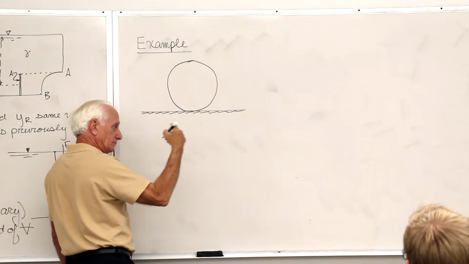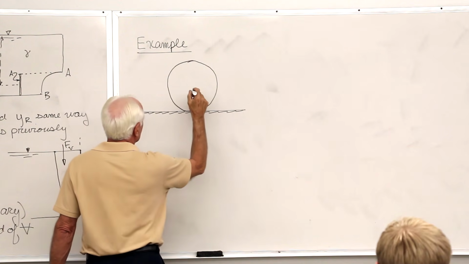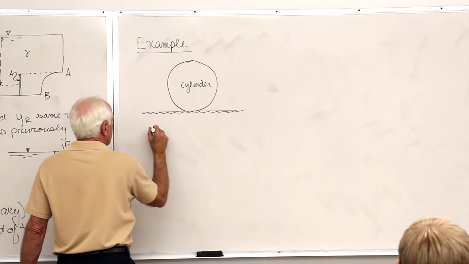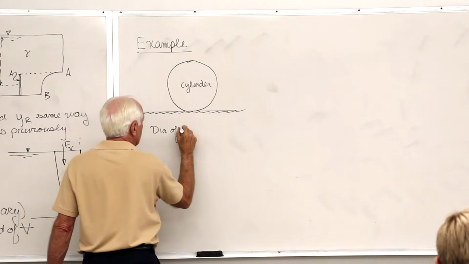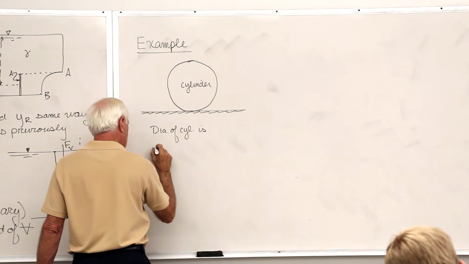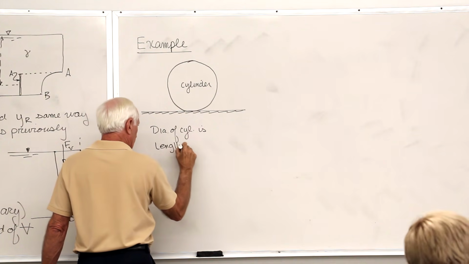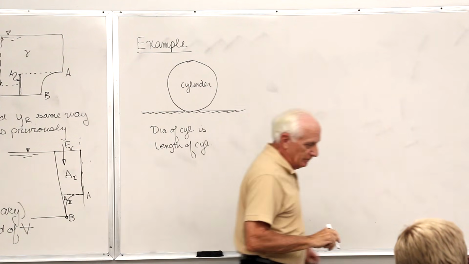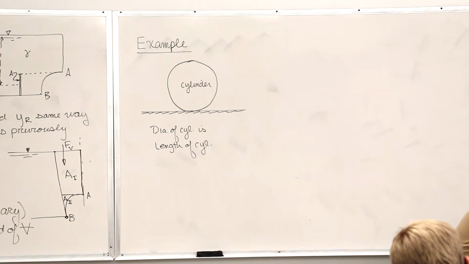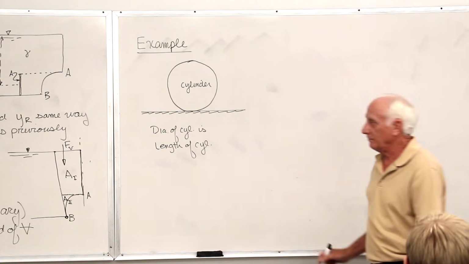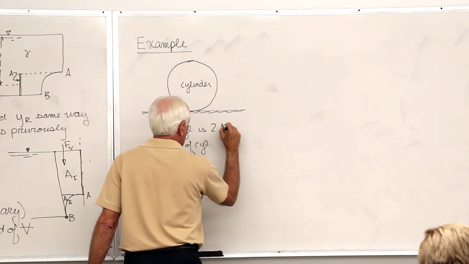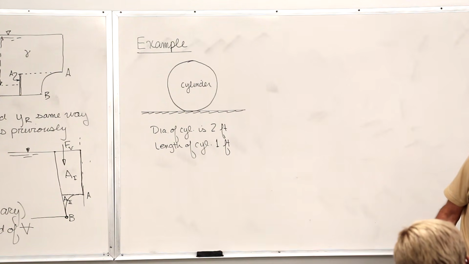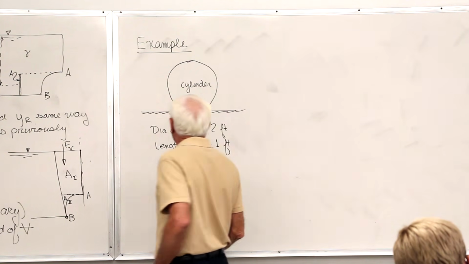The diameter of the cylinder is 2 feet. The length is 1 foot. Make sure it's 1 foot. Okay. Let's see.